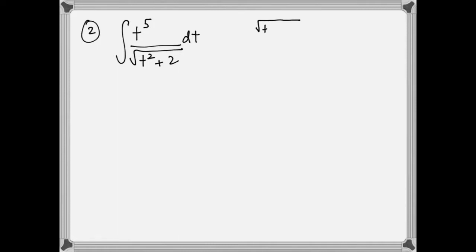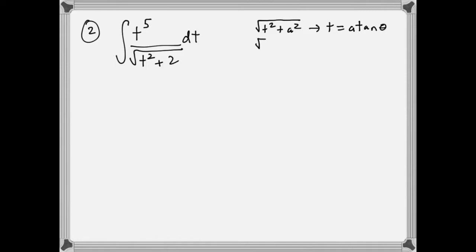This is number 2. We're going to do the integral of t to the 5th over the square root of t squared plus 2 dt. Okay, so we notice that we have a t squared plus 2, right? And remember, we know that if we have t squared plus a squared, we know that we're going to let t be a times tan theta, right?